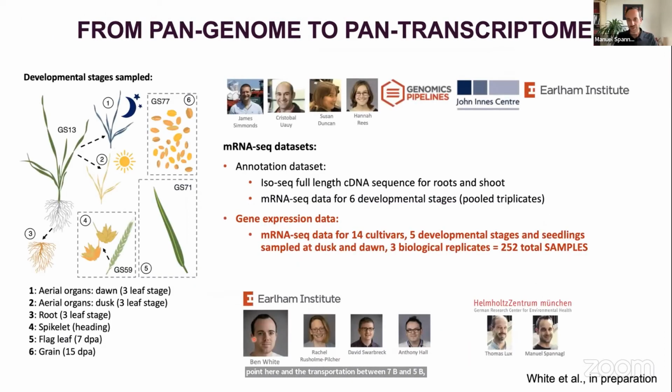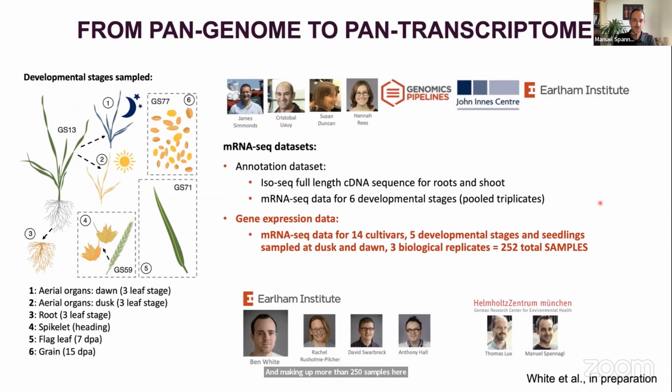So we didn't want to stop. The next step after a pan-genome can, for example, be a pan-transcriptome. That's what we are currently doing together with the Earlham Institute, headed by Anthony Hall, and the team at John Innes generated all the data here. So we had Iso-Seq data from 14 cultivars, 5 developmental stages and seedlings from dusk and dawn, making up more than 250 samples here.